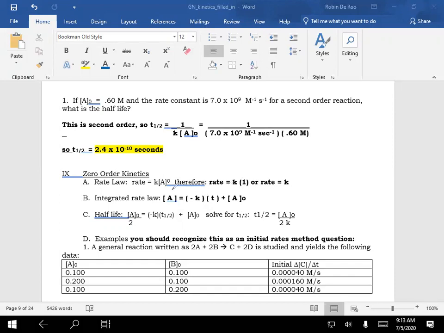It's in the form of the equation of y equals mx plus b. So if our initial concentration divided by 2 would be half, that would be our half-life. If we rearrange this and solve for T 1/2, we get T 1/2 equals A sub 0, the initial concentration, divided by 2K. You're going to want to use this when it's 0 order. Keep in mind that for each order, you will have a different equation to solve for the half-life.